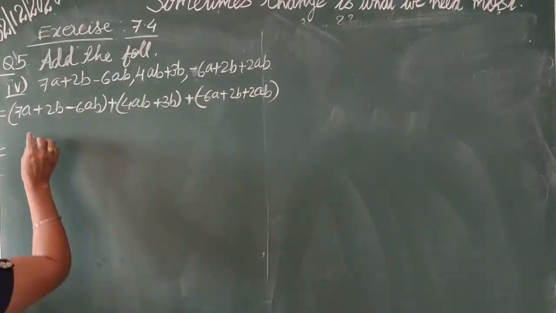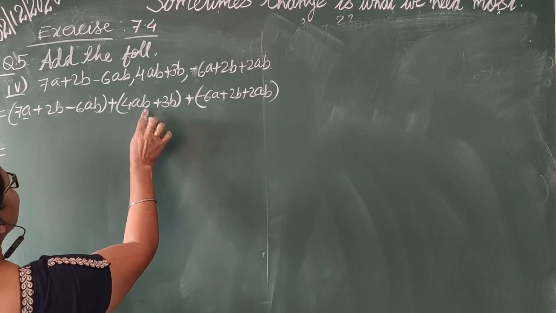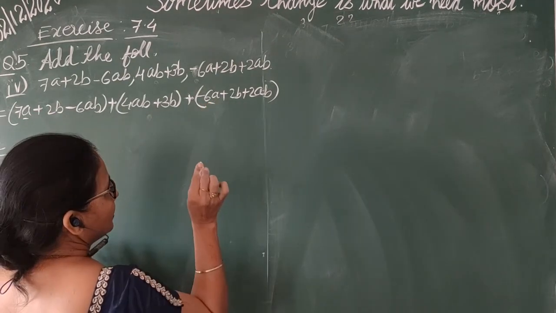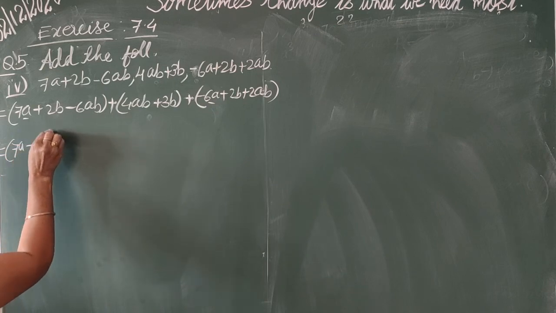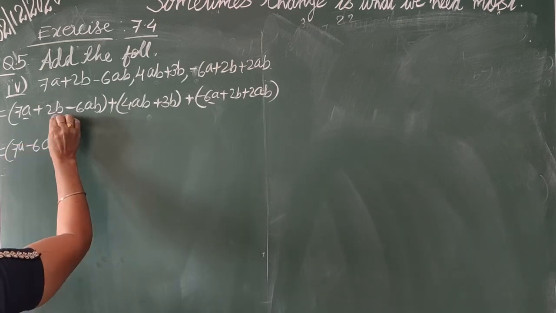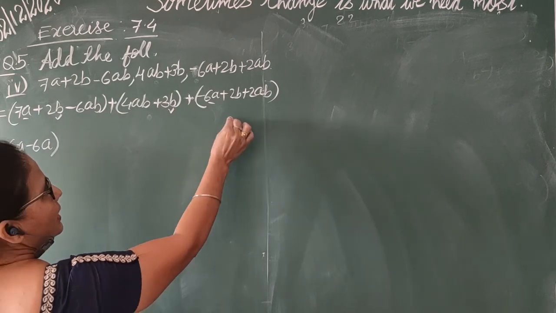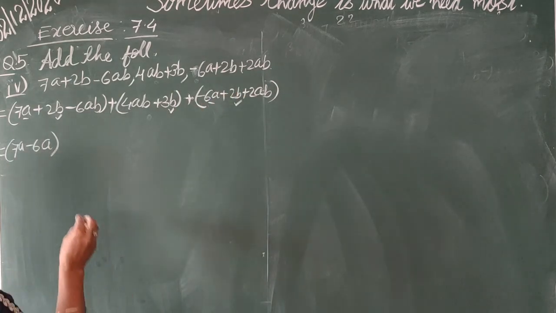Okay. So see here a. Here there is no a. Here there is a. Okay. So 7a minus 6a. Now here there is b. Here is b and here is b in power 1. So put here plus.